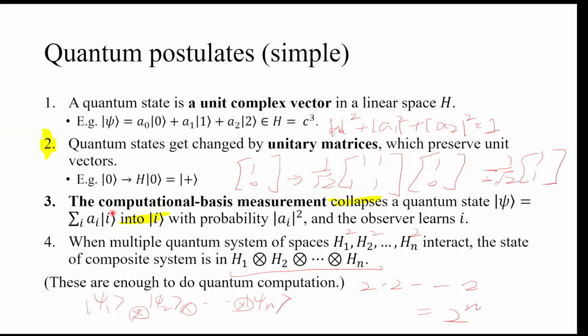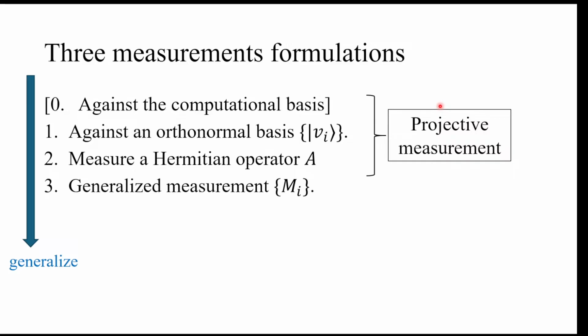So I say we do measurement, then your quantum state collapses into a computational basis state, whatever |i>. And you might ask, why is there a special direction for every Hilbert space? The linear space, you think about it, is quite symmetric in any direction. You can pick many different orthogonal bases. And indeed, you can also do measurement in any other basis.